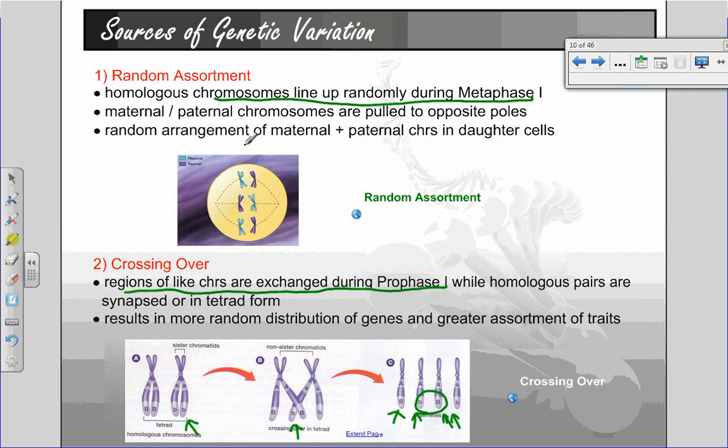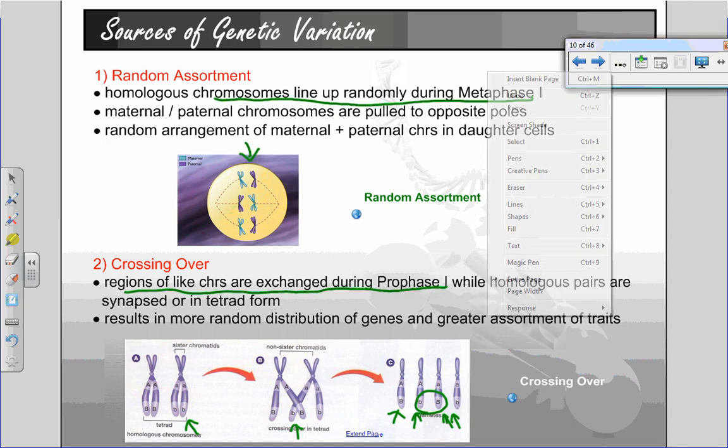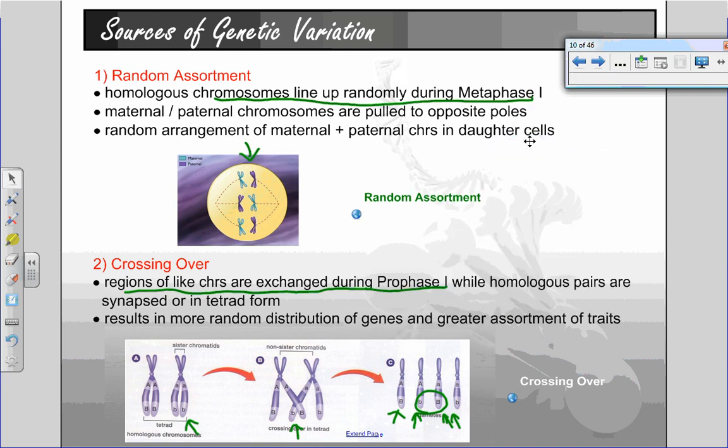This one is showing that we're going to watch a little animation of it. This animation again is linked from the class notes page, so if it doesn't show up very well, please watch it from there.